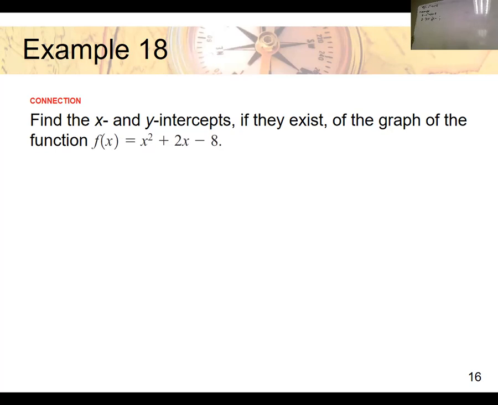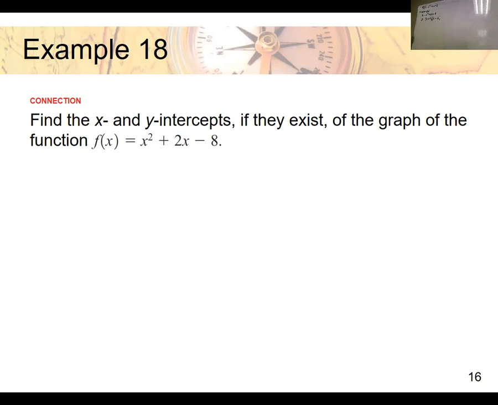What would be 2 factors of 8? 2 and 4. But notice the middle term is a plus. The larger of the 2 factors takes the sign of that middle term. Since 4 is, it'll be 4 here and 2 here. So it's got to be x plus 4 times x minus 2.